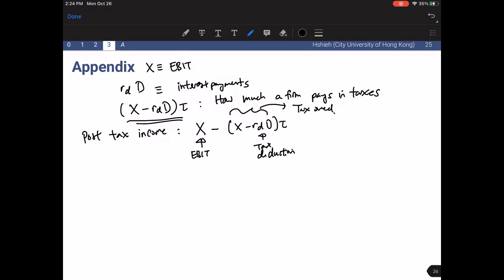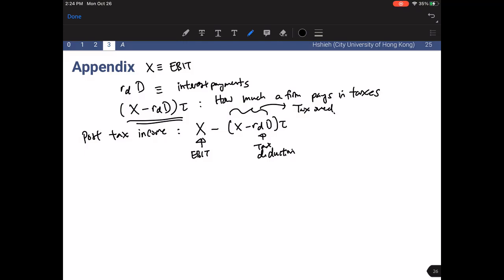We're simply taking our total earnings before interest and taxes and netting out what we owe to the government. And remember, EBIT is a flow variable, so each period we do this. For the sake of simplicity, we're assuming that each period's EBIT is the same, and therefore we're netting out the same level of taxes each period as well.